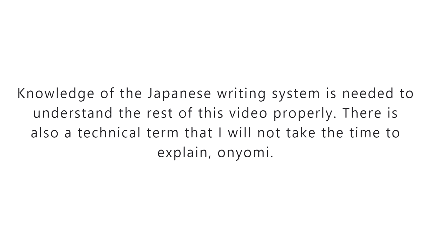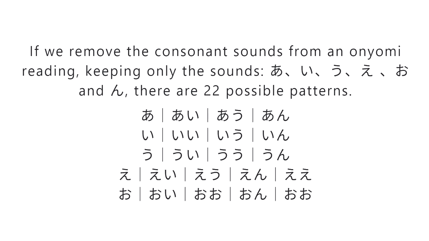Knowledge of the Japanese writing system is needed to understand the rest of this video properly. There is also a technical term that I will not take the time to explain, onyomi. If we remove the consonant sounds from an onyomi reading, keeping only the sounds a, i, u, e, o, and n, there are 22 possible patterns.